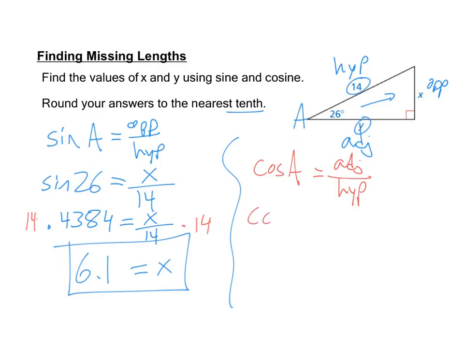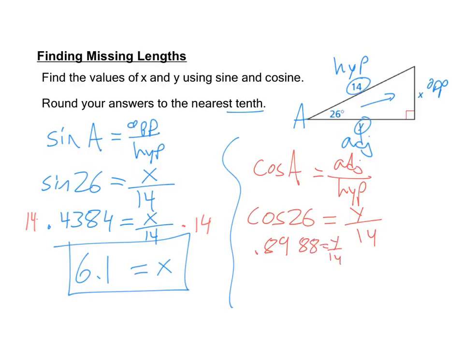Write that equation, substitute. We know that A is 26 degrees. The adjacent, we don't know. We're going to call it y, and the hypotenuse is 14. Well, now we can go to our calculator, and we can find out that the cosine of 26 is 0.8988.